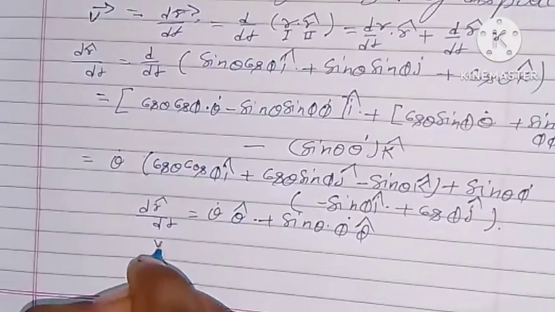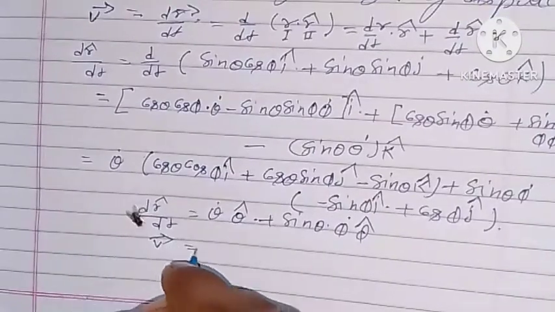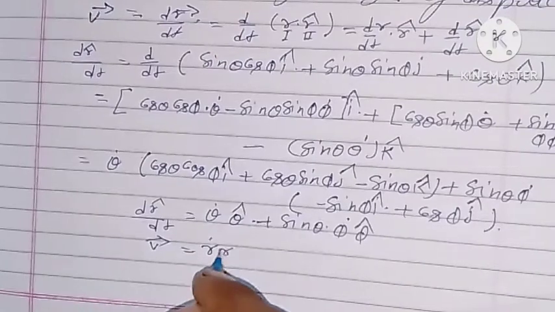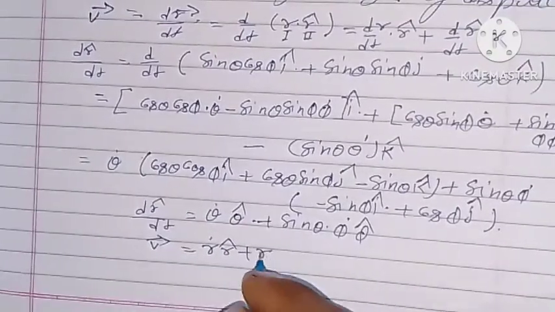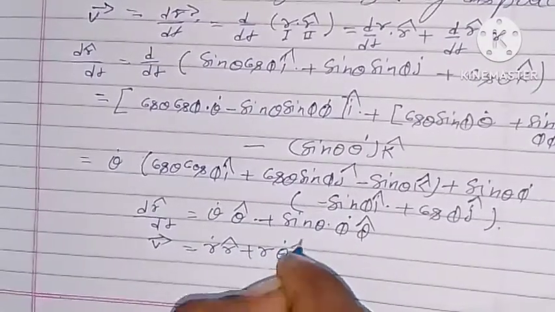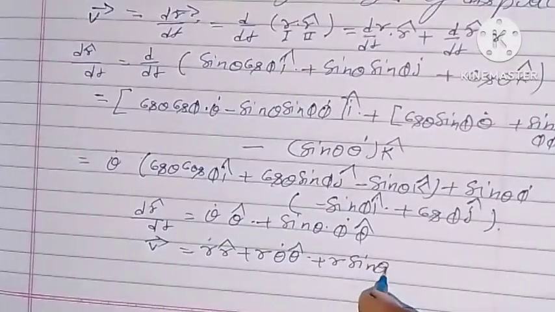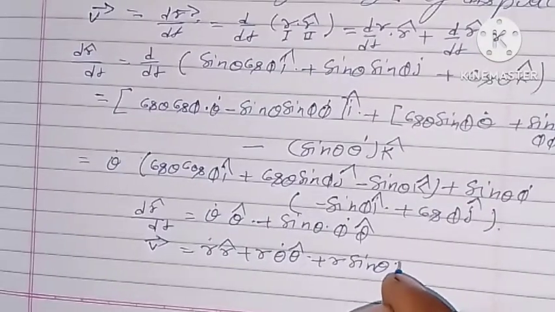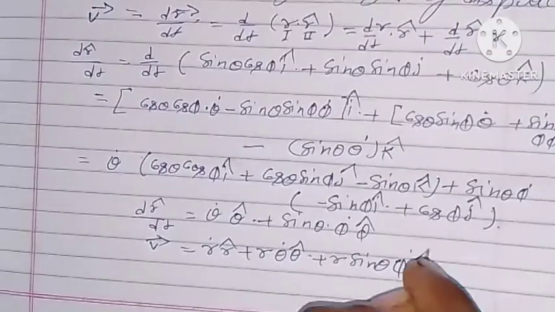Then the vector v, time variant, vector v equals differentiate of r, unit vector r, plus r differentiate of theta, unit vector theta, plus r sin theta differentiate of phi into unit vector phi.